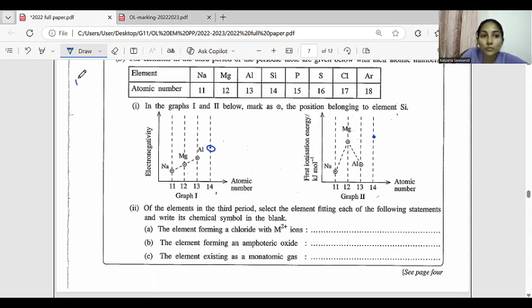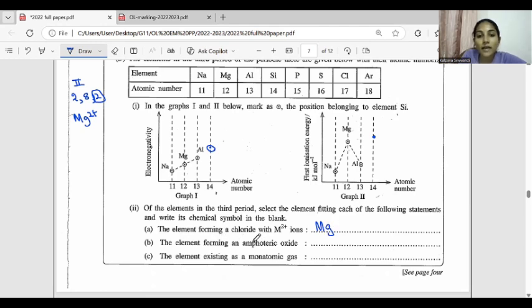Group 2 elements have 2 valence electrons. The group 2 element here is magnesium. The electronic configuration is 2,8,2 since its atomic number is 12. After releasing these outermost shell electrons, magnesium becomes magnesium 2+. So the answer is magnesium.